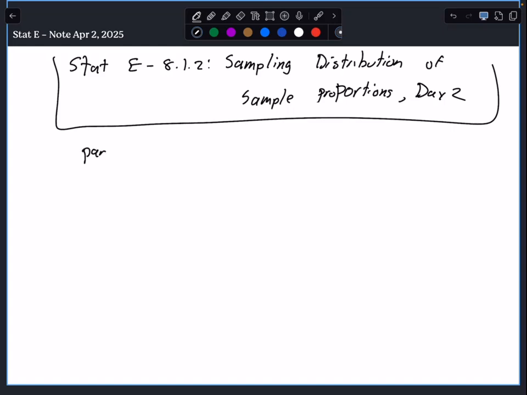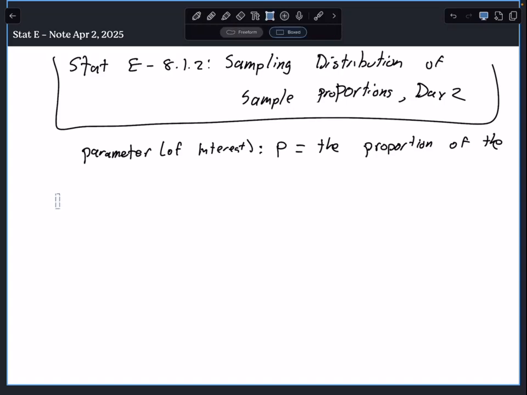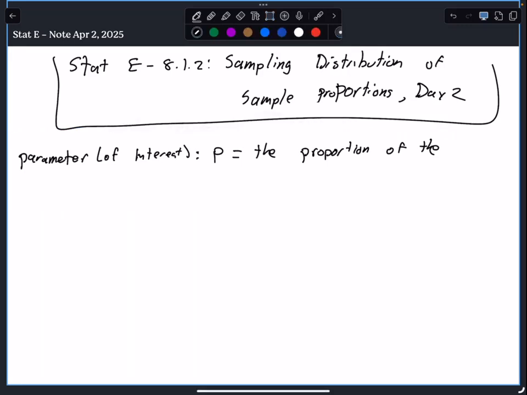So in this unit, our parameter of interest is p, the proportion of the "population", and I'll put population in quotation marks like I did yesterday, who are successes.